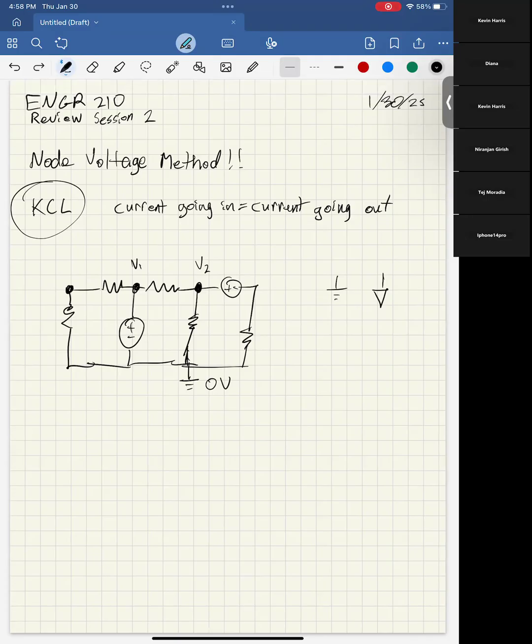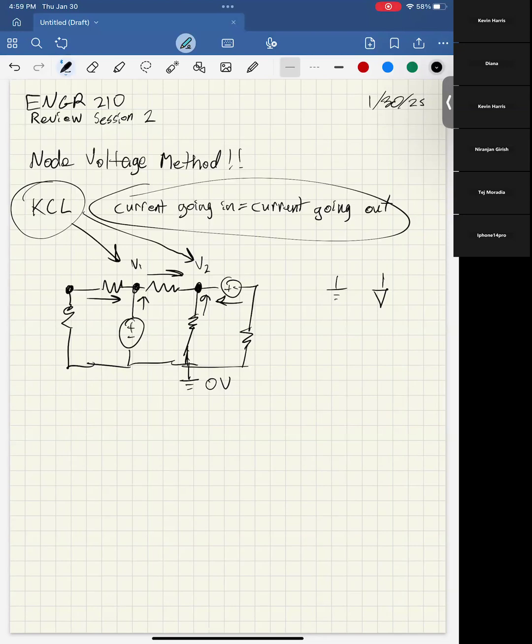And then what we do is we write the KCL equations for V1 and for V2. So basically we say, okay, there's a current here, there's a current here, and there's a current here, and all of these currents have to obey this law. And then when we do that, we end up getting enough equations that we can solve the whole circuit.